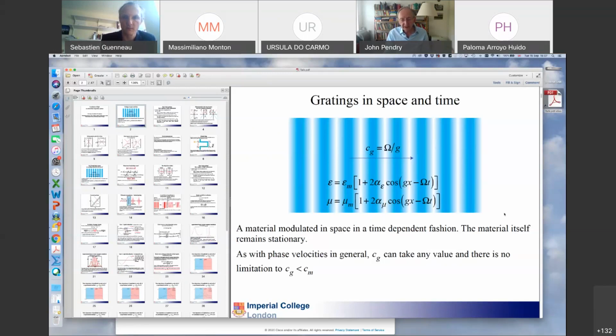Now, you're probably more interested in what we could do in the optical region or in the terahertz region, and there it's really only feasible to modulate epsilon. But the let-out clause there is that the really important thing, to get a simple theory, is that you only have to eliminate backscattering. If you have a weak modulation, then weak modulations still mix together these forward traveling waves very strongly, but they have very weak backscattering.